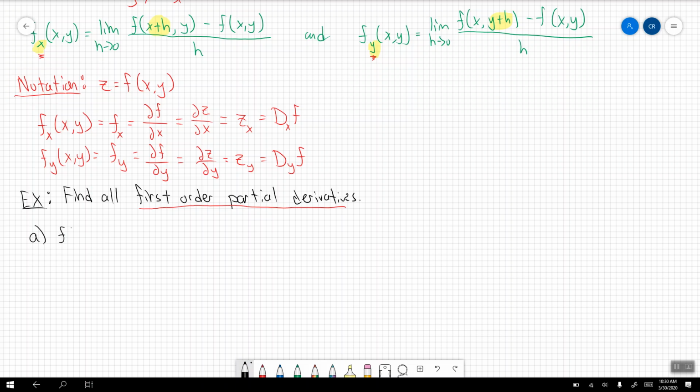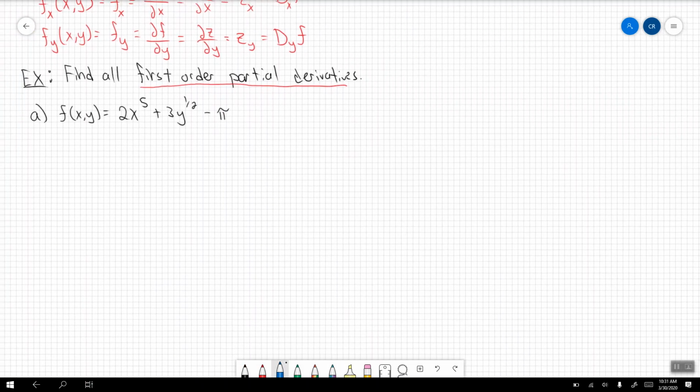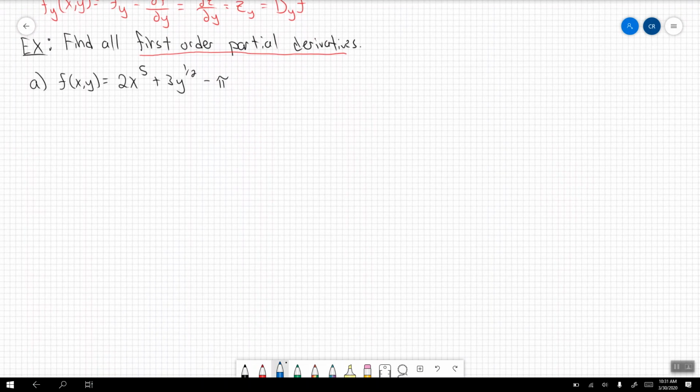So let's look at this function that we have to begin with. f of x y is given by 2x to the 5th plus 3y to the power of a half minus pi. So let's extract here. We want to take the first order partial derivatives.